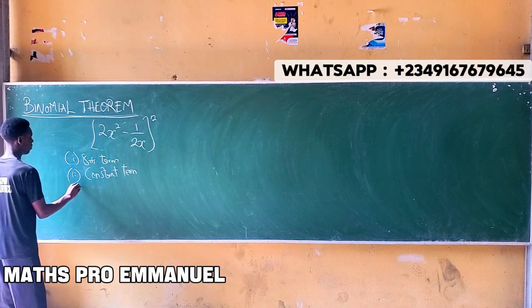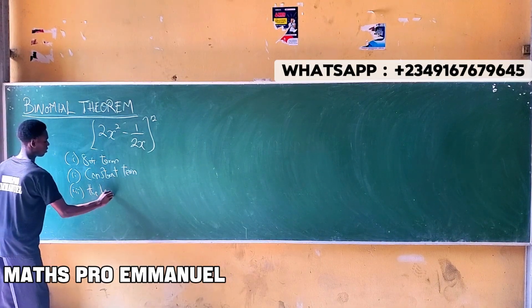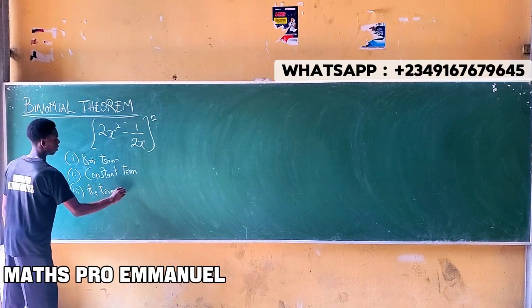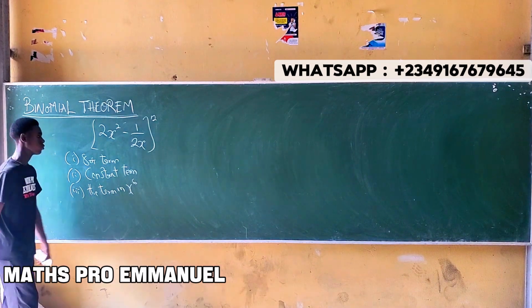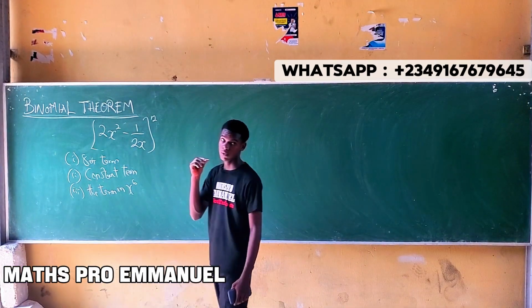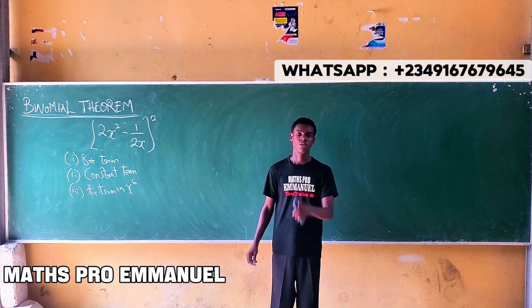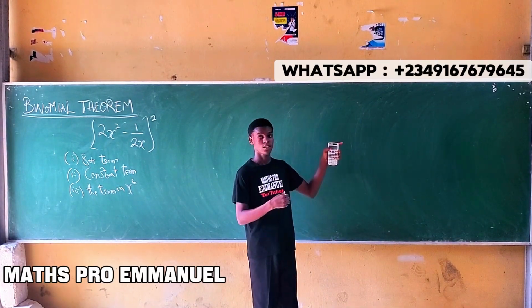And finally, we are asked to find the term in x raised to the power of 6. So we'll be solving this together. Now this is more complex than the one we did previously. In case you missed that video, you can click on the link in the description or the video card that will be displayed here.